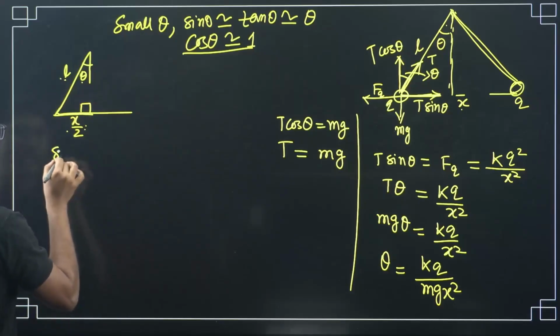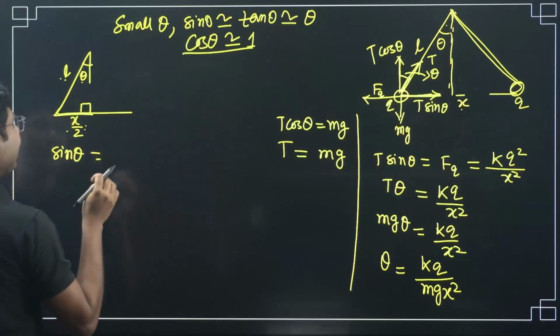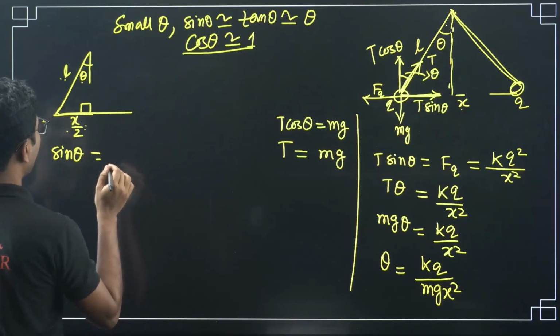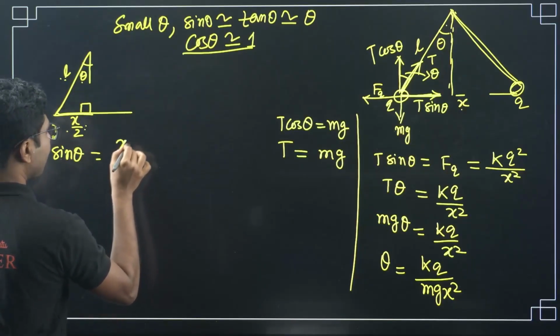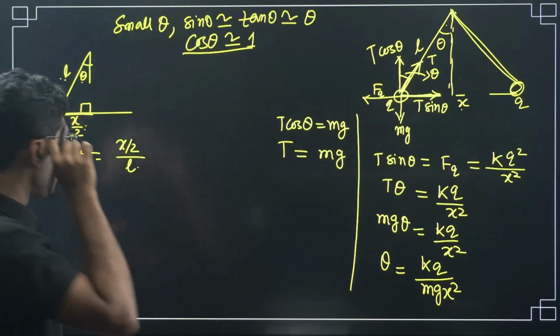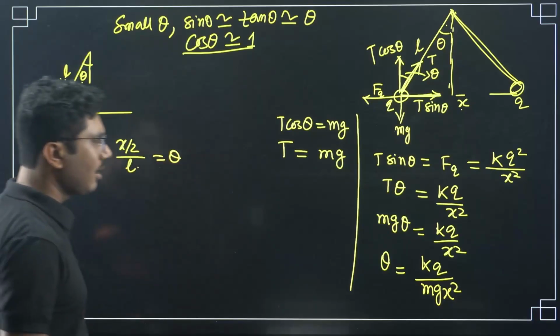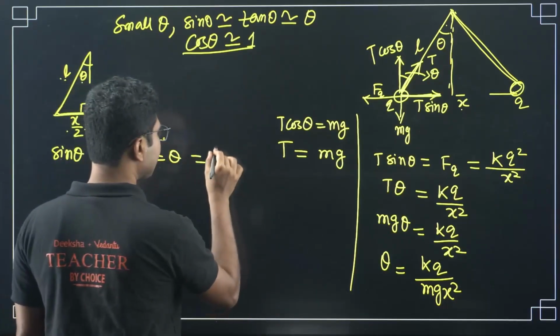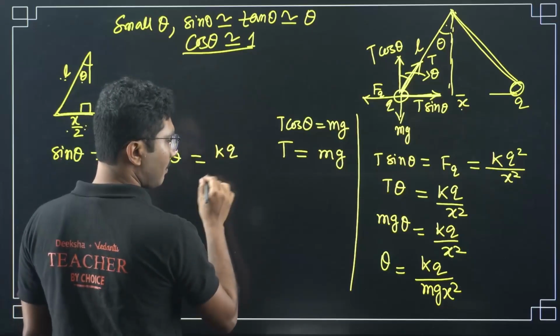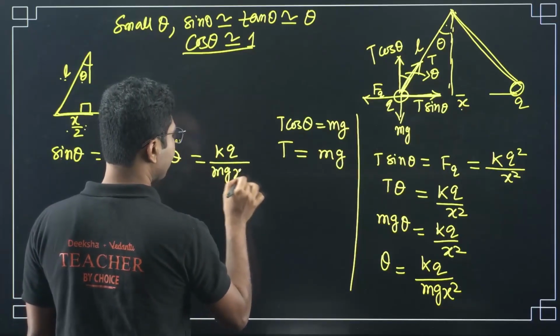So sine theta equals x by 2 by L, or theta equals x by 2 by L, or theta value you already know, it is kq by mg x square.